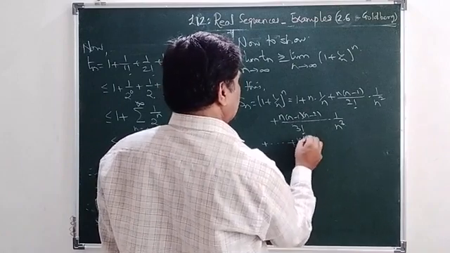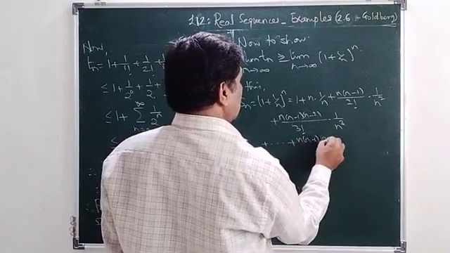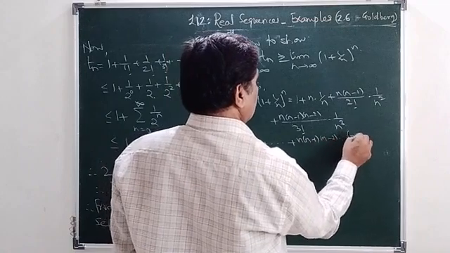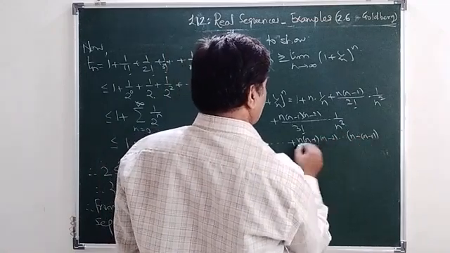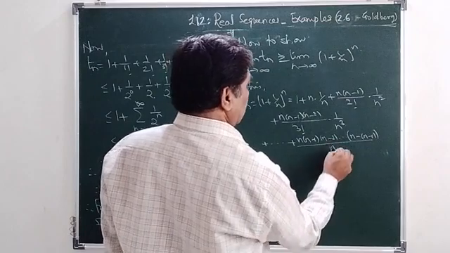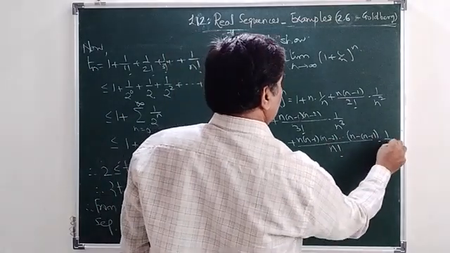I can write it as n minus 1, n minus 2 and so on up to n minus 1 upon n factorial into 1 upon n raised to n.